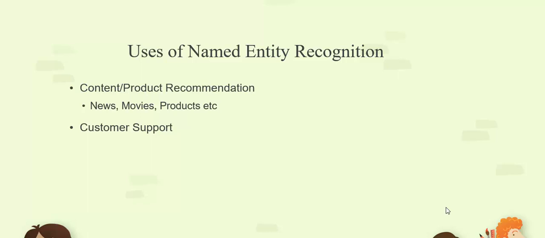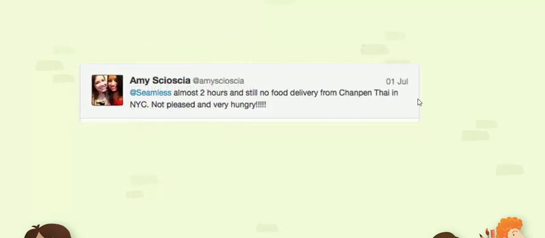Like this, for instance, say you are provided with this particular customer feedback. Look at this feedback. Now, if you pass this feedback through a named entity recognition system, it pulls out certain entities. Can you think of those entities?